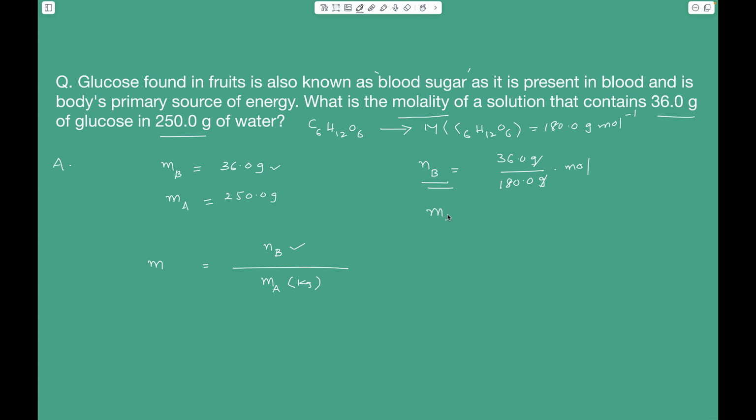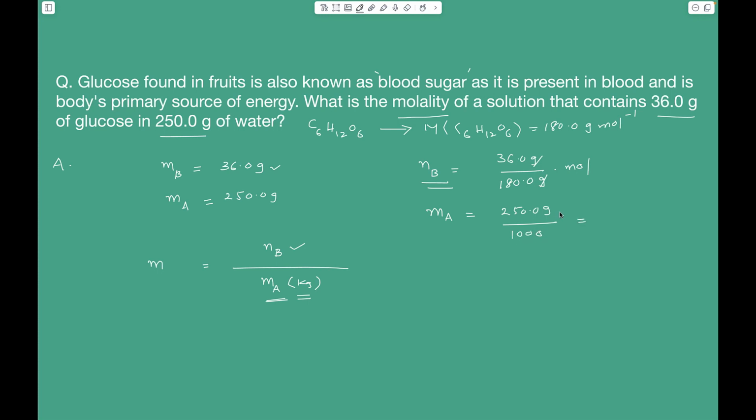What is the mass of the solvent? That is water in this case. It is 250 grams, but we have to substitute mass of the solvent in kilograms. So convert this into kilograms. It would be 250 grams over 1000.